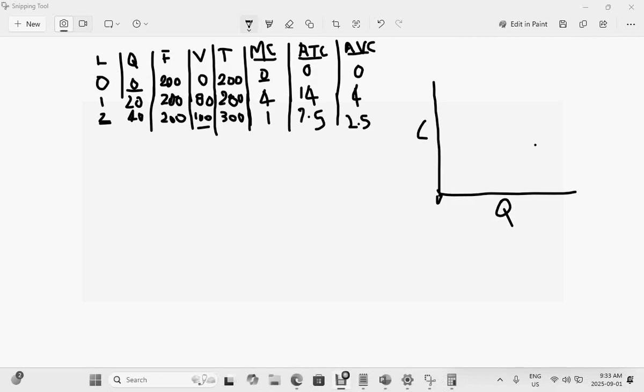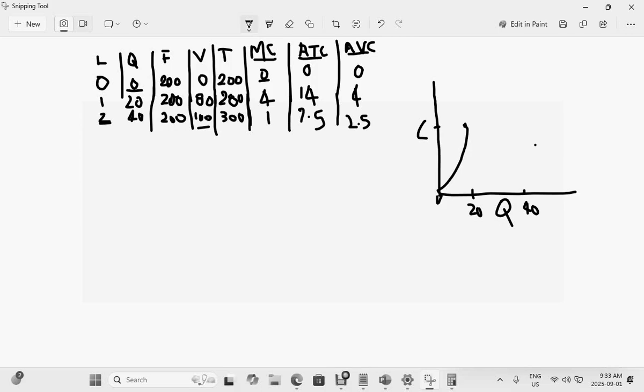For 20 units, your average total cost is 14, so $14. So let's say this is 20, and over here, this is 14. So this will go up to 14, and then it will gradually climb down to 7.5.